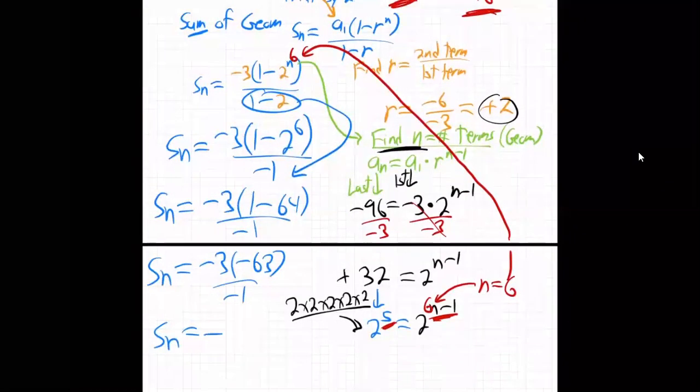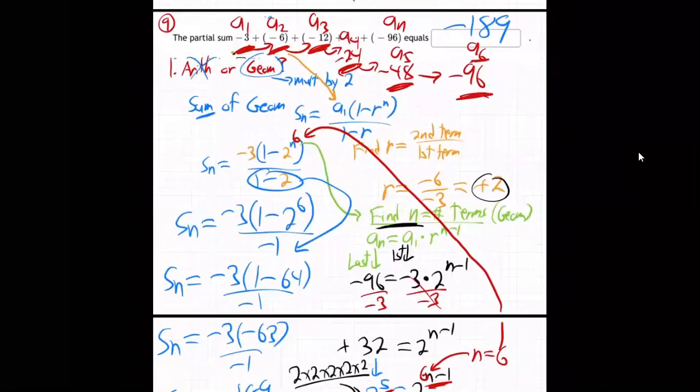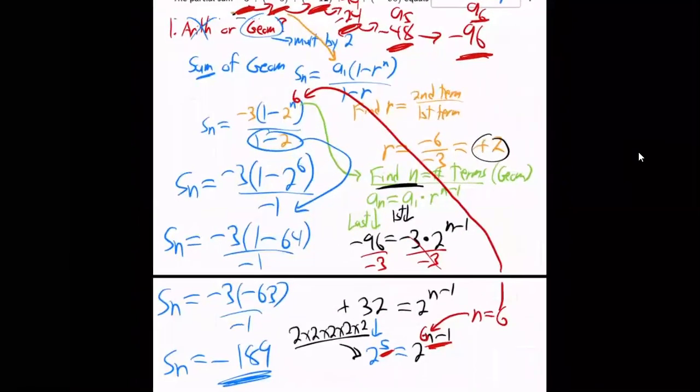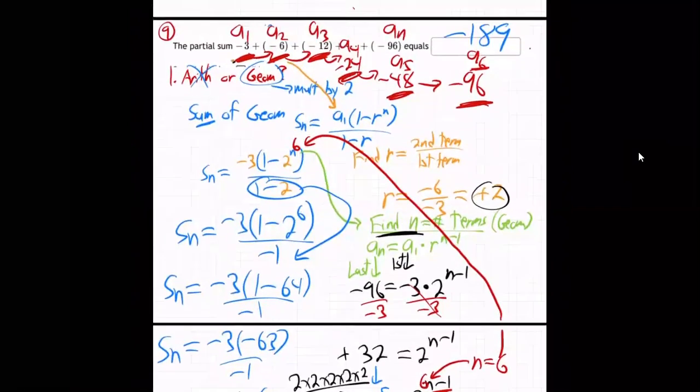It's negative 189. Negative 189 is the answer. Negative 189 is the sum of all those terms. Or you could have just added these guys up. Add up those 6 terms. It'll be negative 189. It's kind of easier sometimes than using all these fancy formulas.